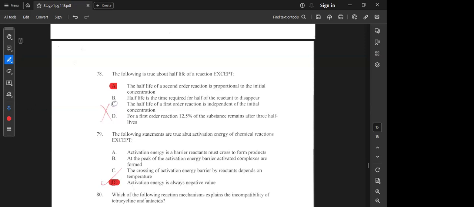Here in A, activation energy is a barrier reactants must cross to form the product. I don't necessarily think activation energy and the energy you get at the end of the system are one and the same. And if it's a barrier that must be crossed, then maybe it should always be positive. What do you guys think?